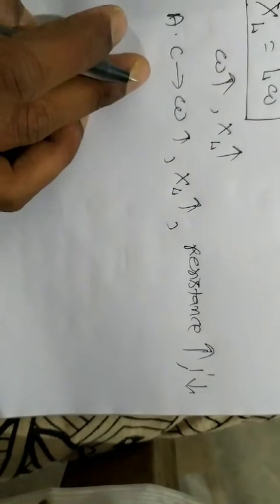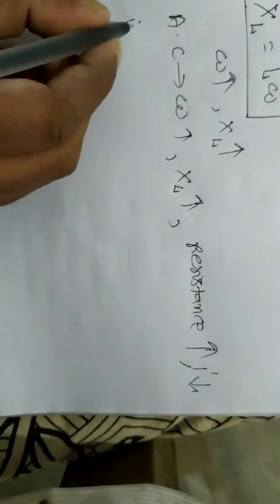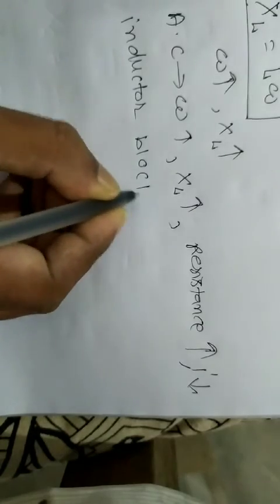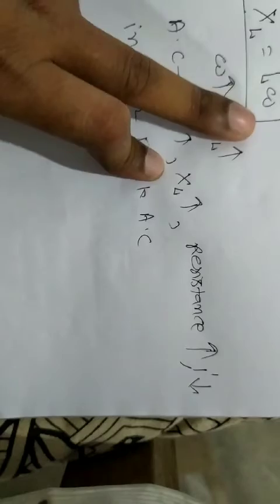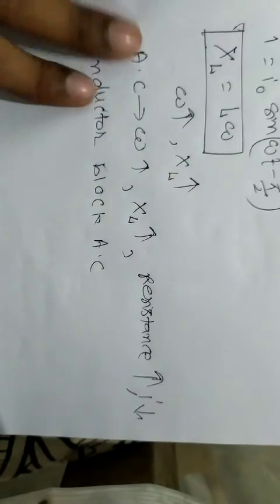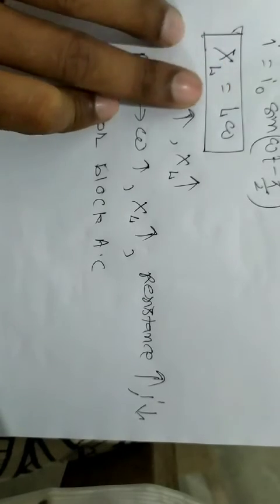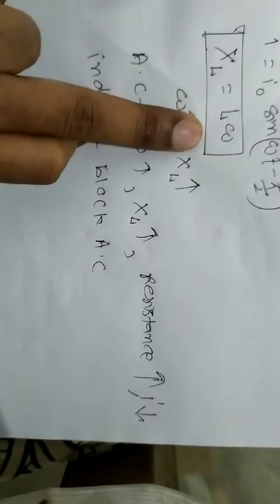That means the inductor blocks AC. Why are we saying this? Because in AC omega is high. If omega is high, XL, the inductive reactance, is high. So inductive reactance reacts according to omega.